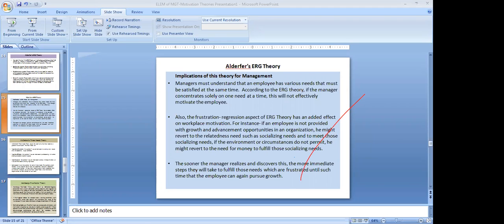So he accepted the position, but what he was really doing was fulfilling ERG's existence need. The paycheck satisfied his physiological need. That is, it paid for basic necessities like food, water, shelter, clothing, and the rest.